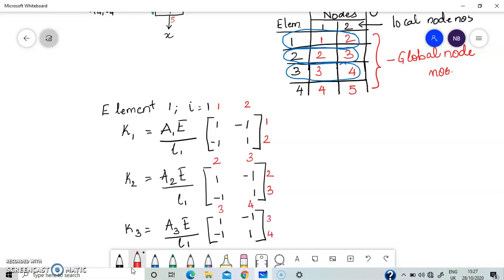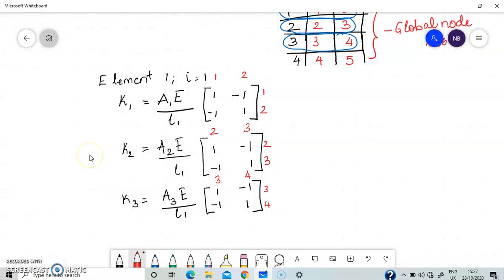This is the most important step in solving the problem. If you get this right, your problem cannot go wrong. But if you do not write the degrees of freedom correctly at this step, then the assembling of the global stiffness matrix will go wrong.